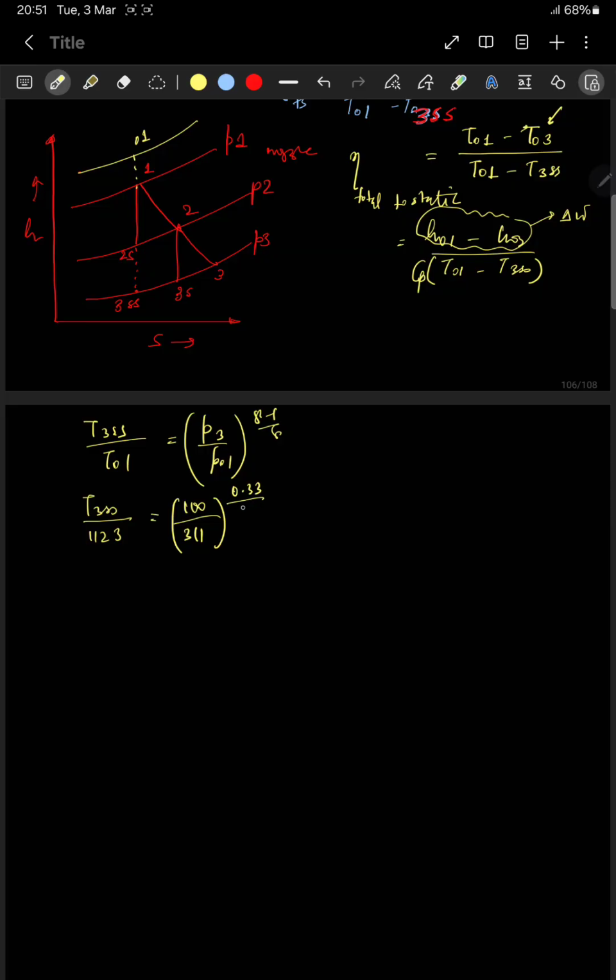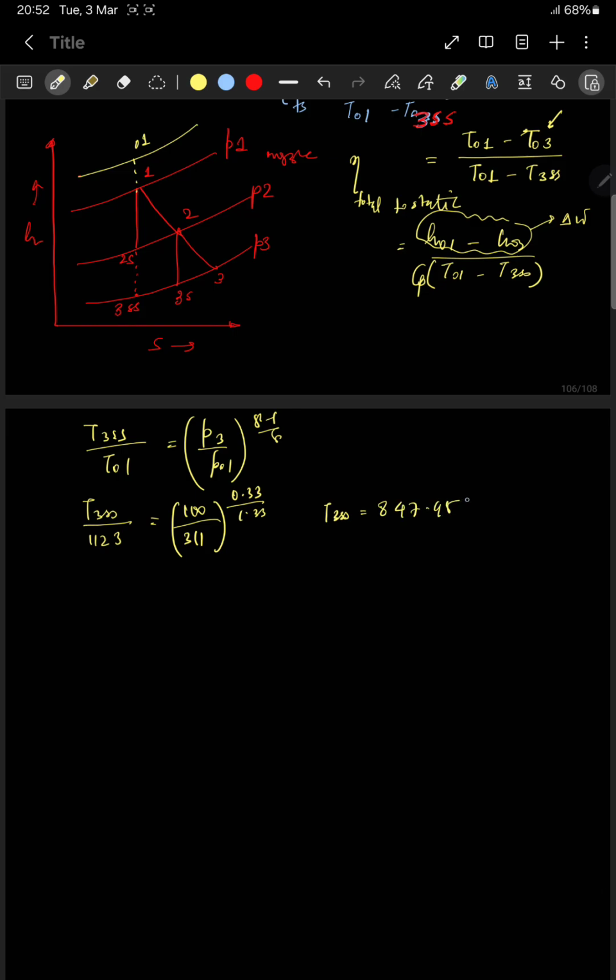So 0.33 by 1.33, we find T3SS is equals to 847.45 Kelvin, right?